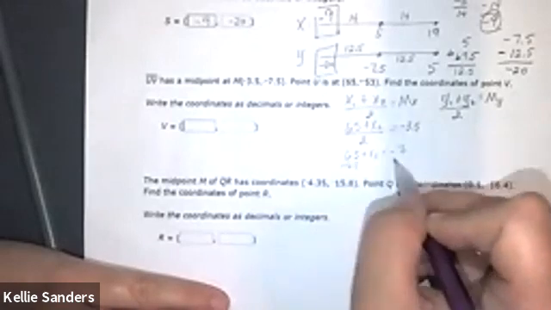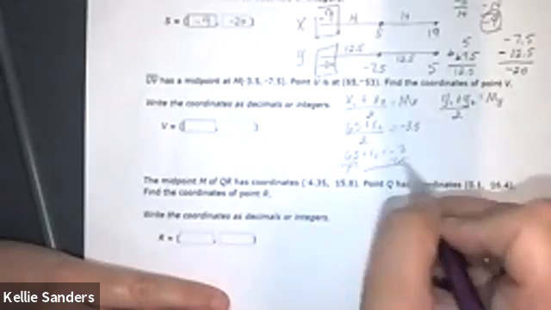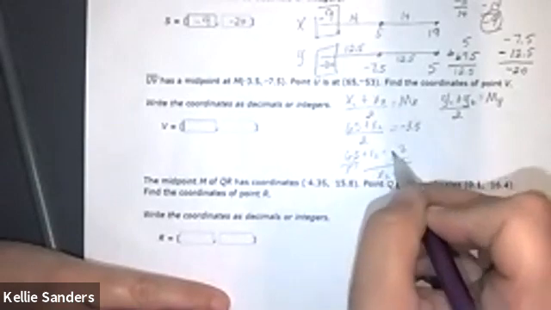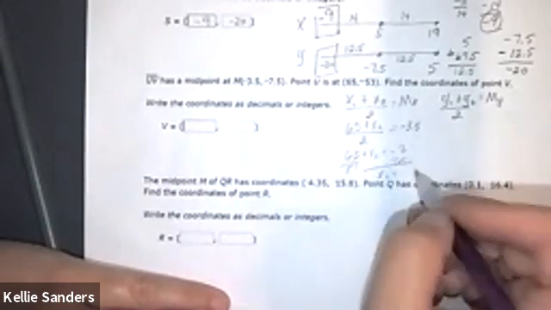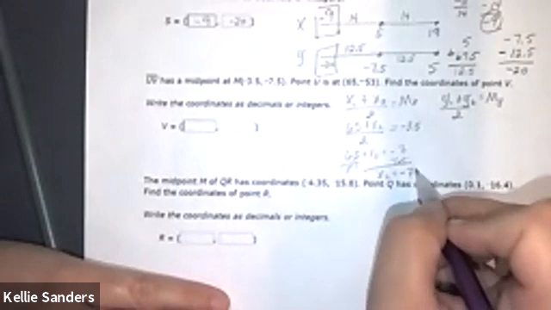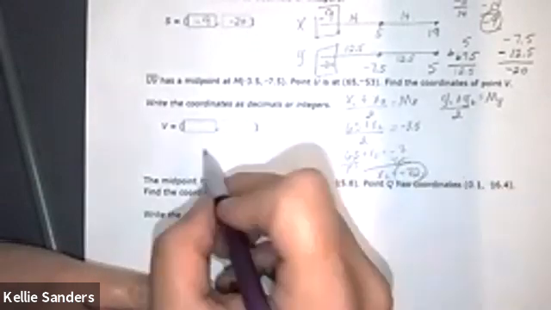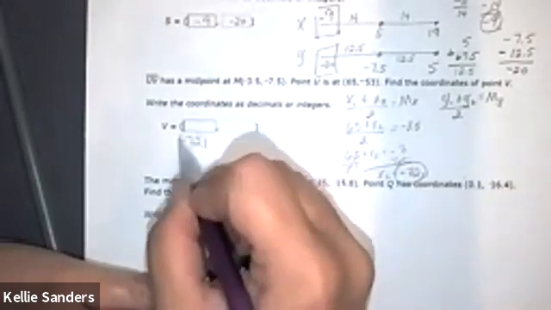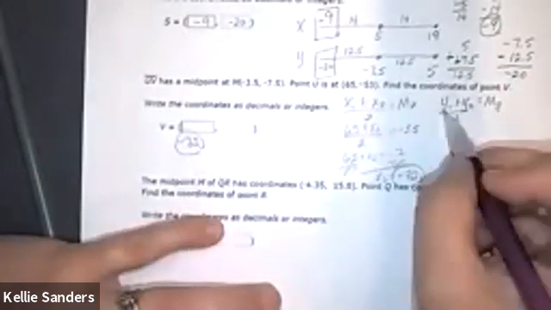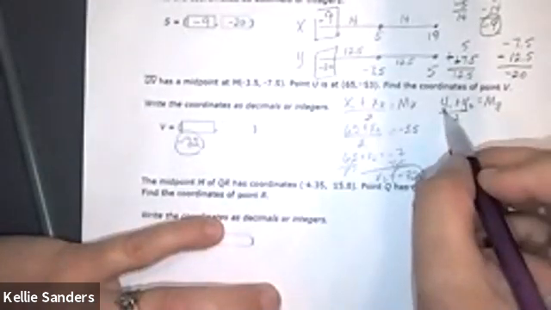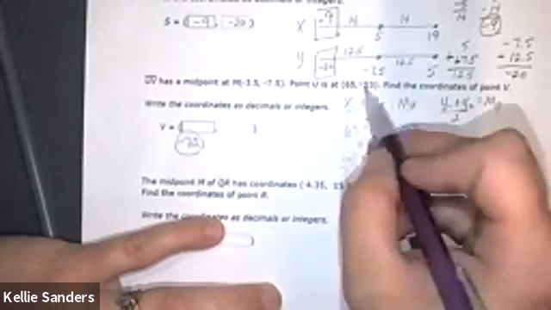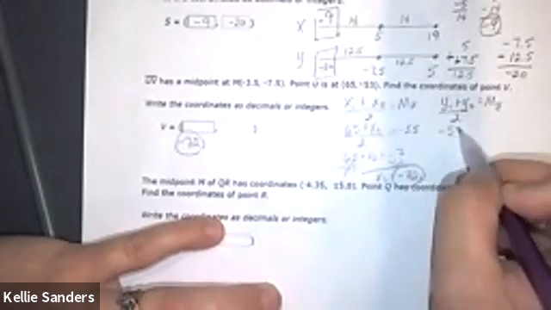Subtract 65. Since the 7 is negative and the 65 is negative, we're going to actually add them and keep the negative. The first endpoint of y is negative 53.